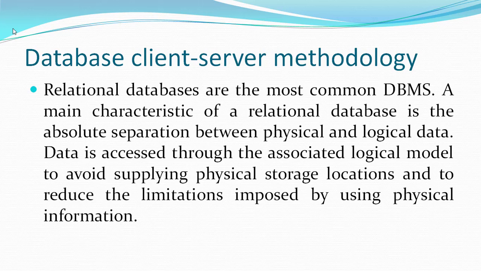Relational databases are the most common DBMS. A main characteristic of a relational database is the absolute separation between physical and logical data. Data is accessed through the associated logical model to avoid supplying physical storage locations and to reduce the limitations imposed by using physical information.